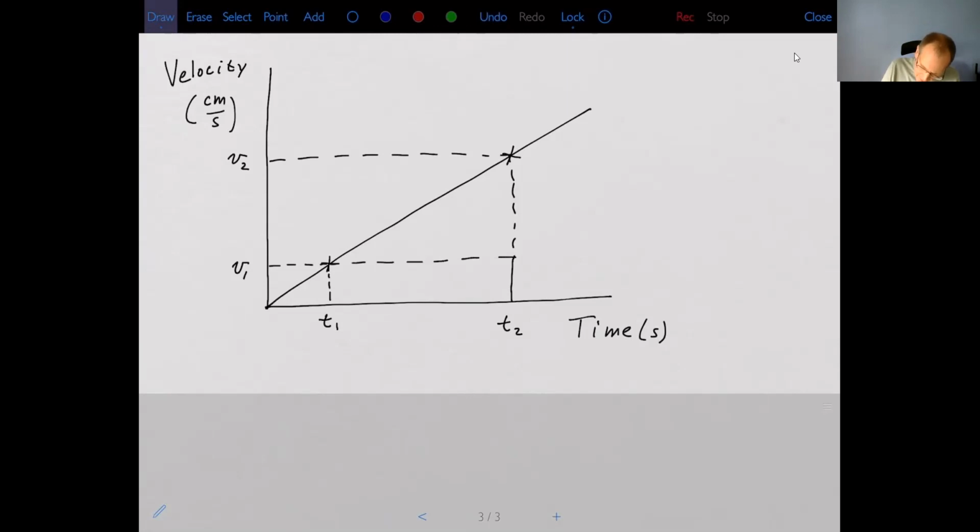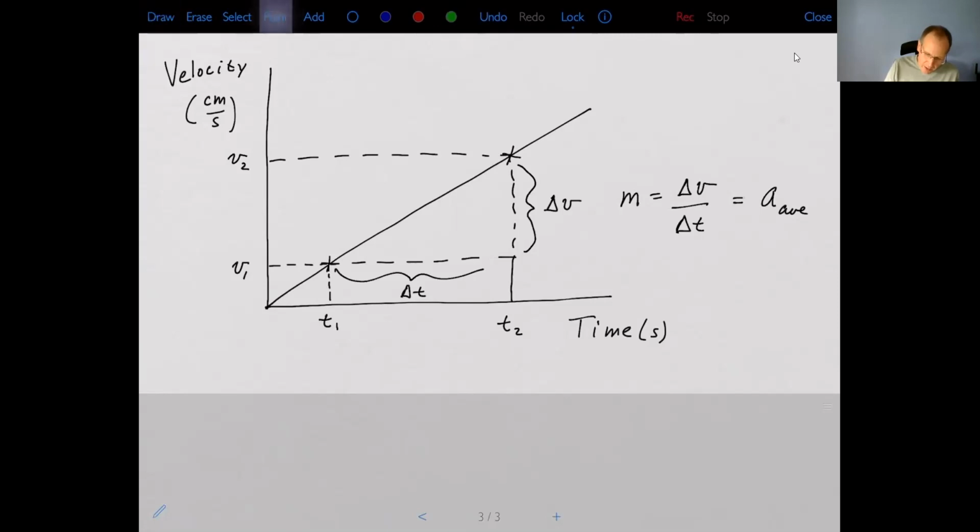In this case, the rise is my change in velocity, and my run is a change in time. So the slope is equal to change in velocity over change in time. But we just defined what that was. That is the average acceleration. So the slope is really the average acceleration over this time interval.